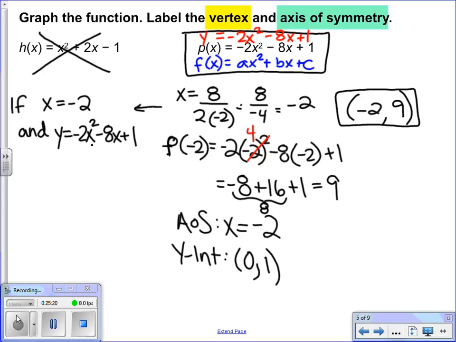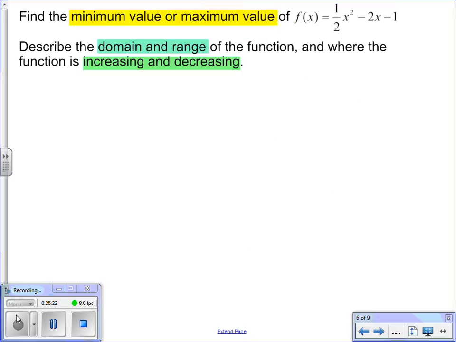Okay, we have only a few minutes left, so I'm not going to work out this whole problem, but this was similar to a problem that we did yesterday, where you have to identify if you have a maximum or a minimum. You have to do domain and range, and you have to say when the graph is increasing and decreasing. And if you'll look back at your example from yesterday, in order to answer all of these questions, we had to find the vertex.